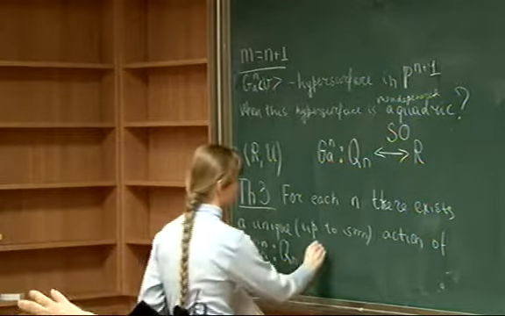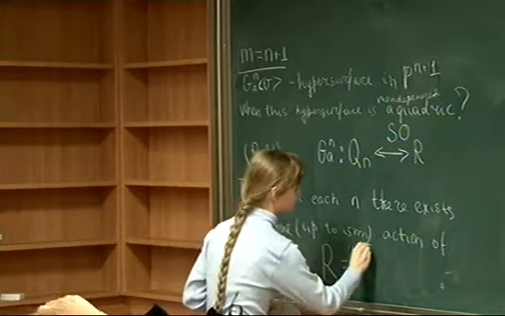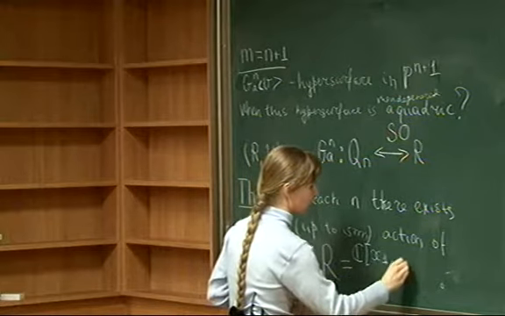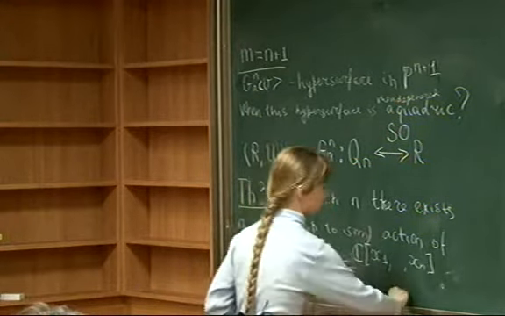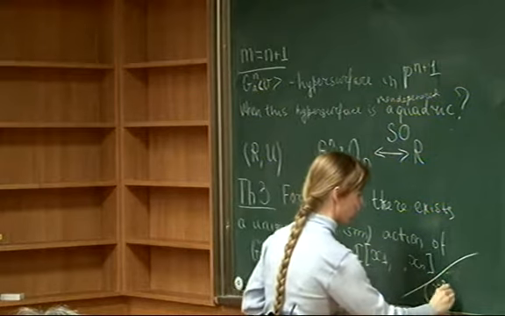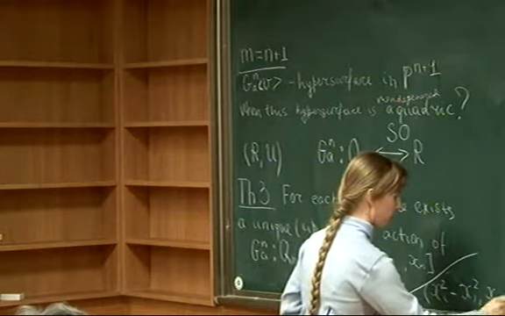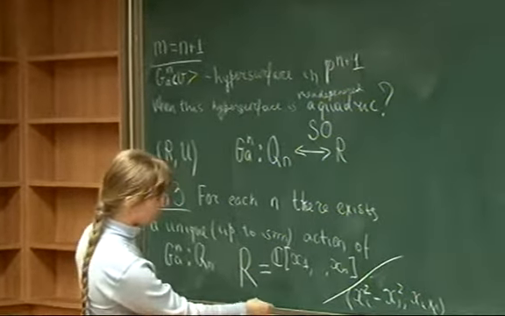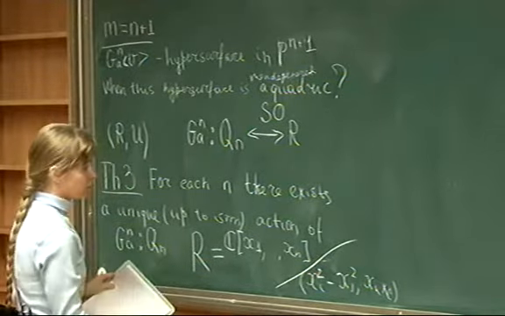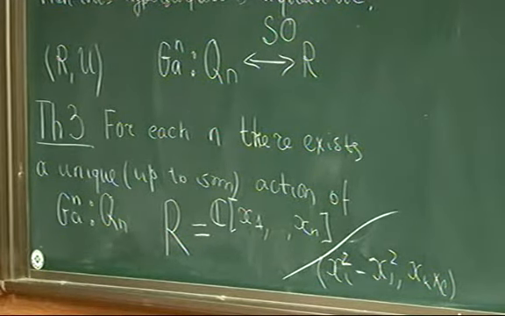It corresponds to the algebra R, which is the factor algebra of a polynomial ring by the following relations, which means that all the squares are the same element, and other multiplications give 0.